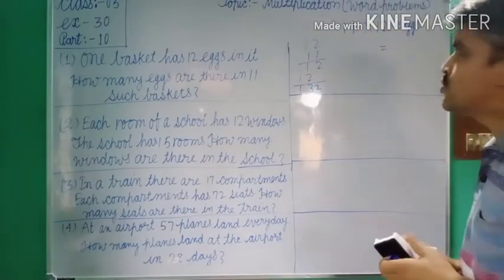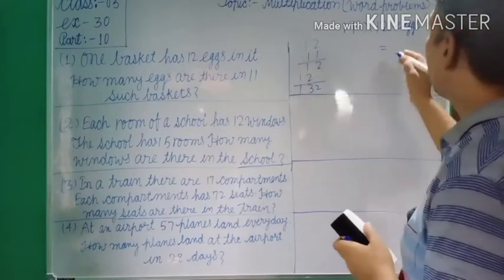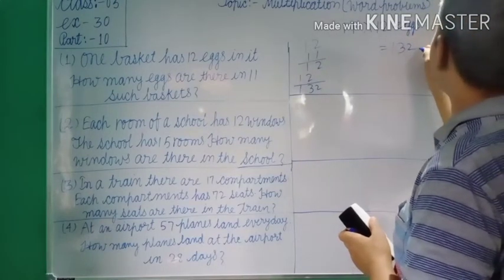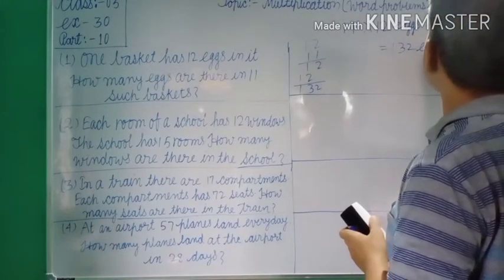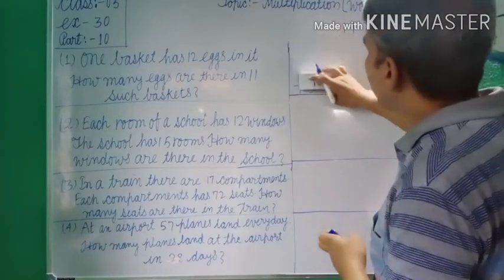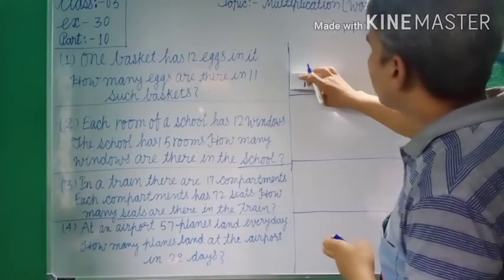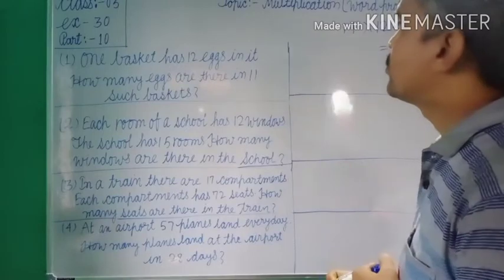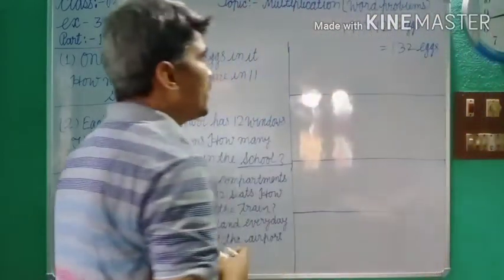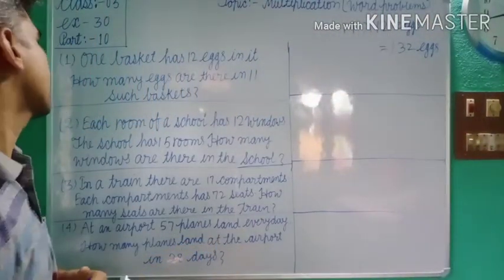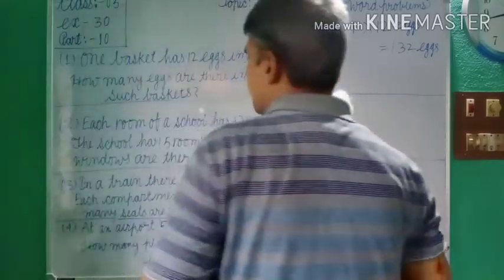How many eggs in 11 baskets? 132 eggs. In this way, students, you find the number of eggs in 11 baskets: 132 eggs.